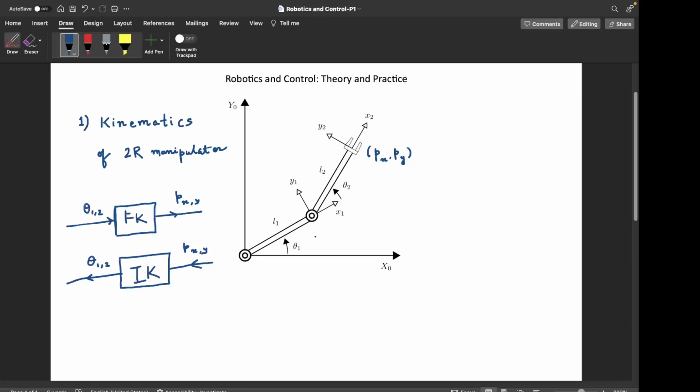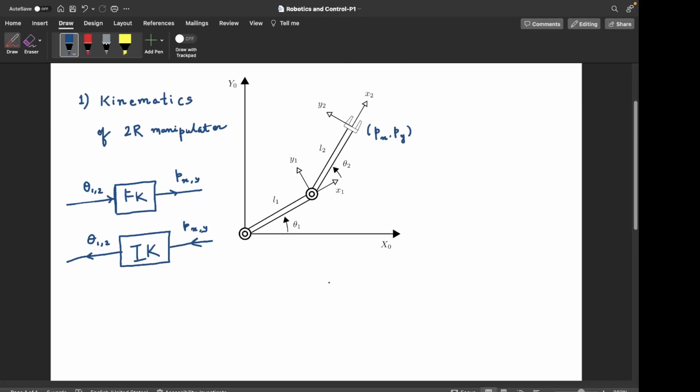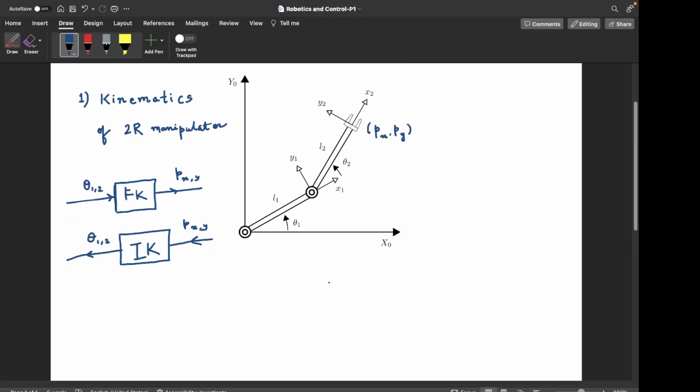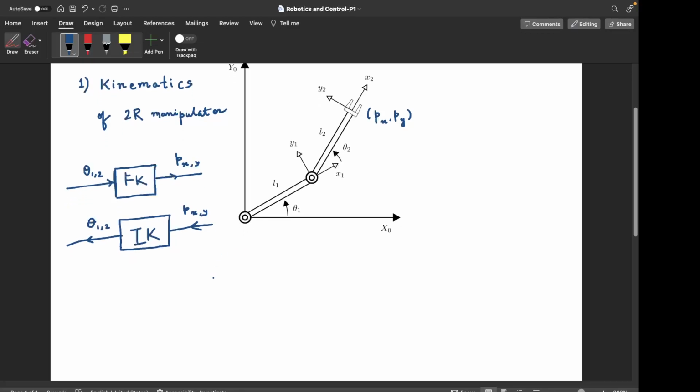So we definitely need a link between the position in the actual world and how much the angles should be in order to reach that position. That's why inverse kinematics is used in every robotic application basically. It's running in the background in the code. So that's why it's a crucial concept to understand, right?